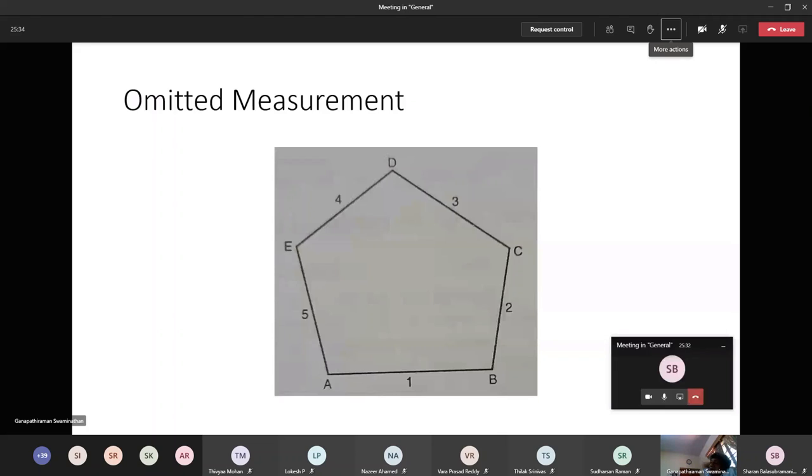Minus sigma L is also positive. Which quadrant does EA lie in? First quadrant. Minus sigma L is positive, minus sigma D is positive. Which quadrant does the line EA lie in?